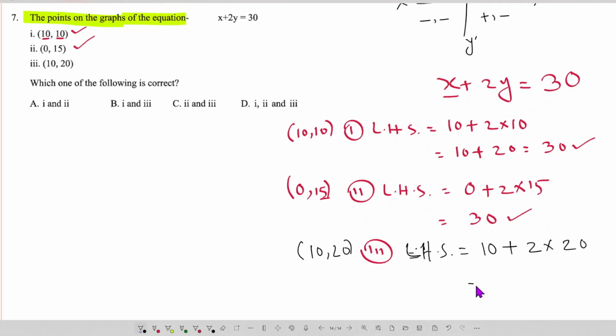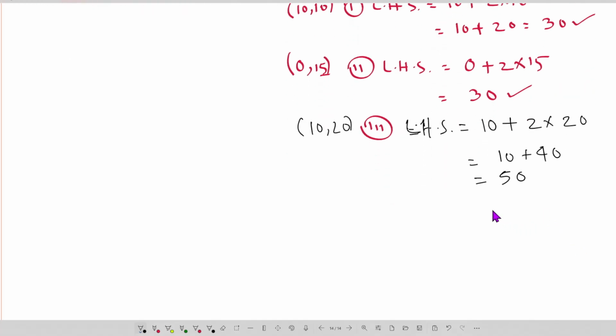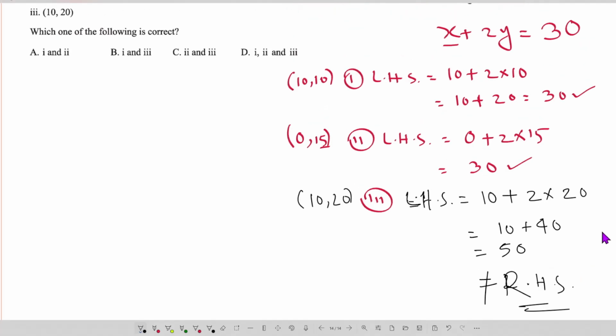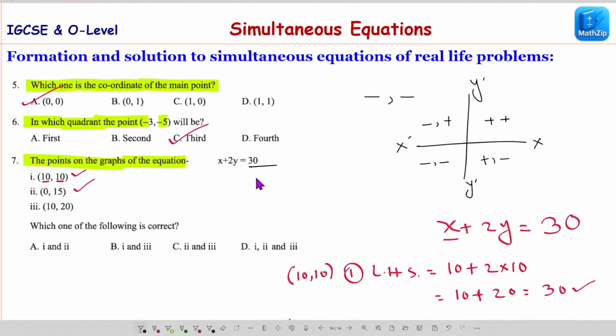So it becomes 10 plus 40 equals 50. Look, it's not equal to the right hand side, because here it is mentioned equals 30. So which is the correct answer? 1 and 2 are the right answers. Therefore number what? A, 1 and 2.